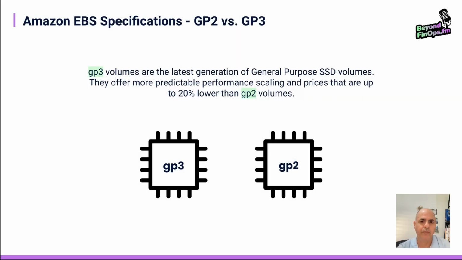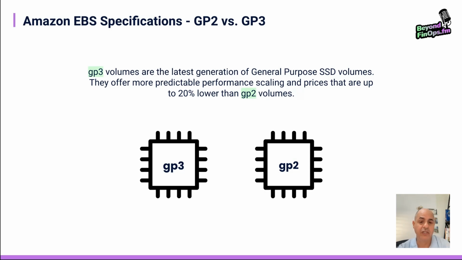We'll start with comparing GP2 to GP3. GP3 volumes are the latest generation of general purpose SSD volumes. They offer more predictable performance, scaling, and prices that are up to 20% lower than GP2 volumes. Let's translate that to make it simple. GP3 are later generation, they provide better performance, and they are lower in cost, 20% lower.